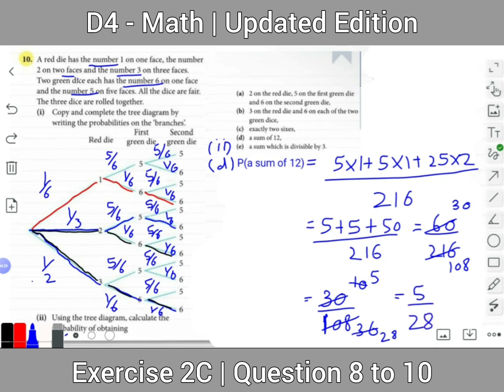So now the probability that the sum is 12 is equal to 5 over 18. So we have the final answer 5 over 18.